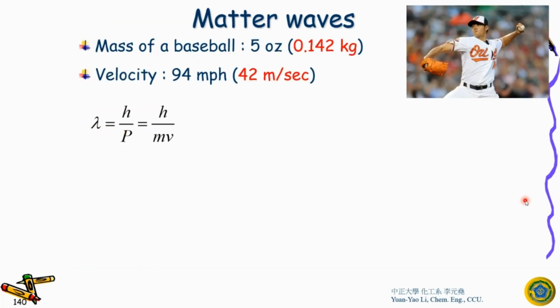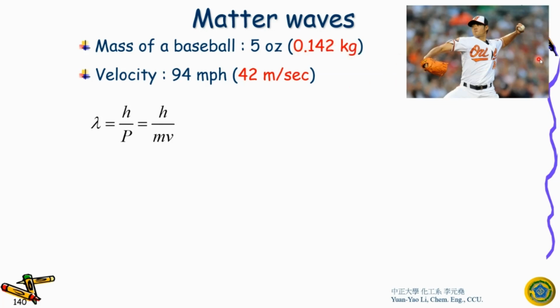Okay, so if all particles can behave like a wave, why can we not see the wave? If a baseball player throws a ball, why can we not see the wave? We can just see a particle. Why? Let's use this equation to do a simple calculation to realize what's going on. Assume the mass of a baseball is 5 ounces, which is 0.142 kilogram.